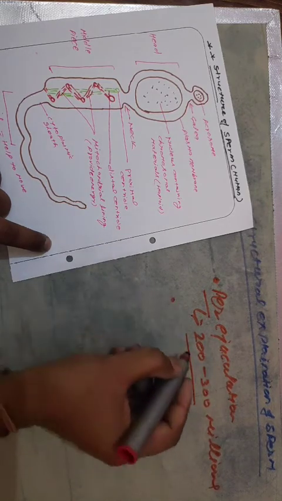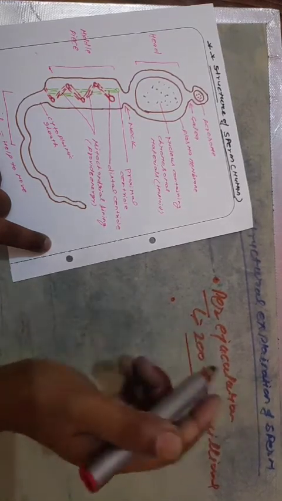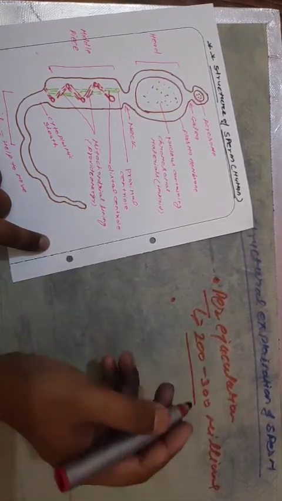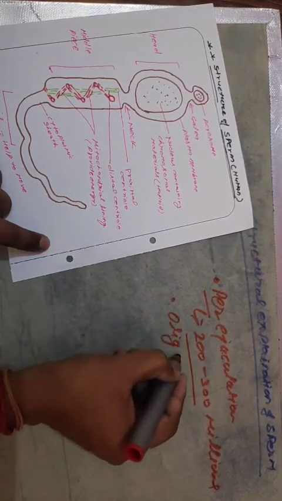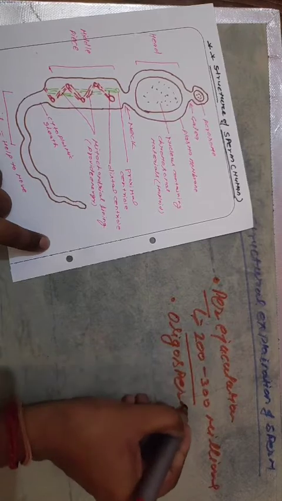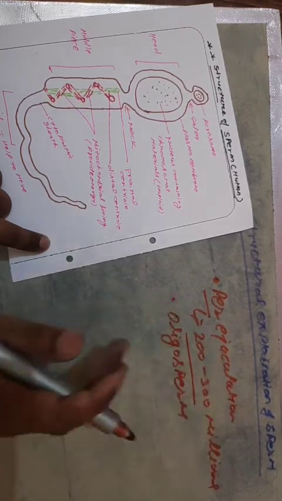Listen carefully: if the number of sperm is less than this in a single ejaculation, the abnormality in human beings is known as oligospermia. That means a low sperm count per ejaculation.